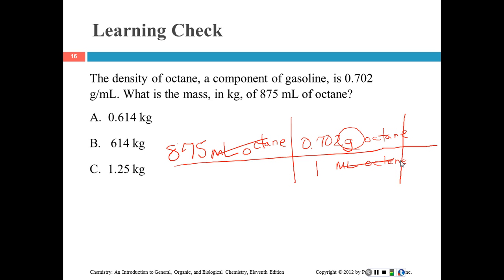What is a way to get from grams to kilograms? Grams is here, so it's got to go down here. So it's 1,000 grams per 1 kilogram. And that's going to cancel grams, and that's going to leave us with kilograms.